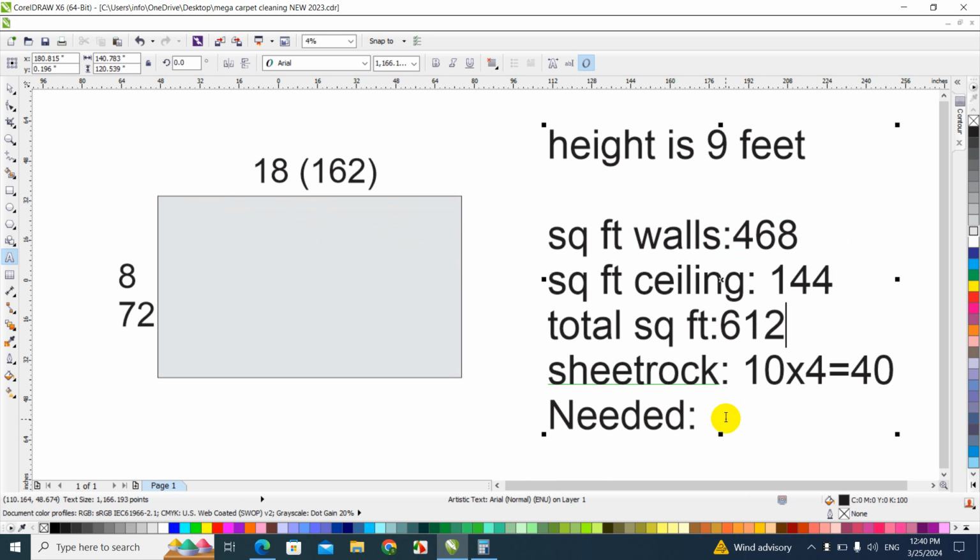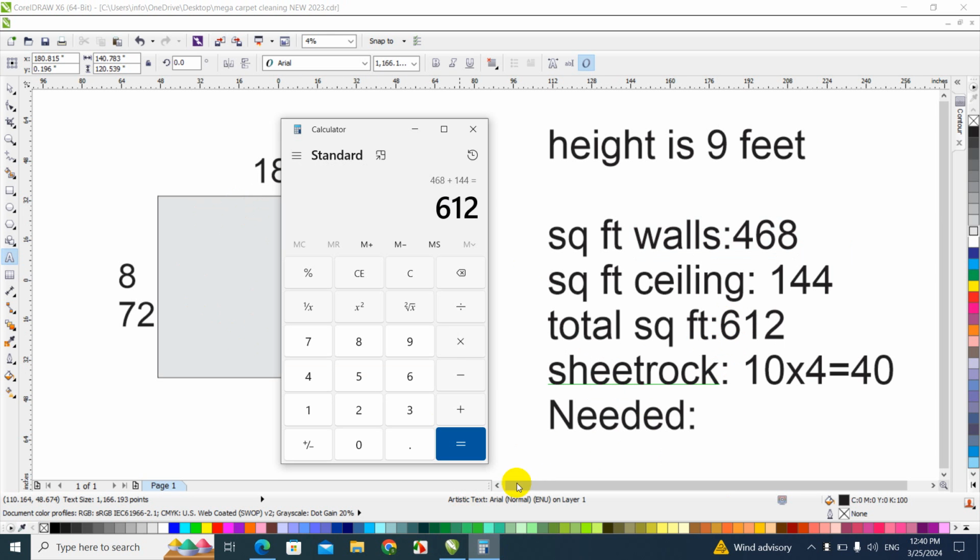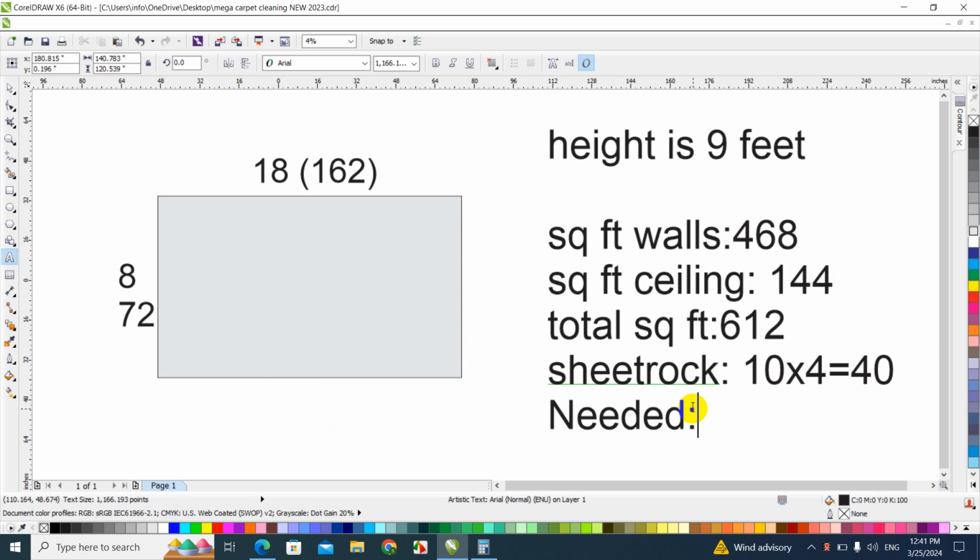Now, how do you know how many sheets you're gonna need for the entire project, to do the walls and the ceiling? You divide this very same number by 40, because there's 40 square feet for this dimension, the 10 by 4. And this is all the sheets that we're gonna need for this project. So let's type in 15.3, okay?